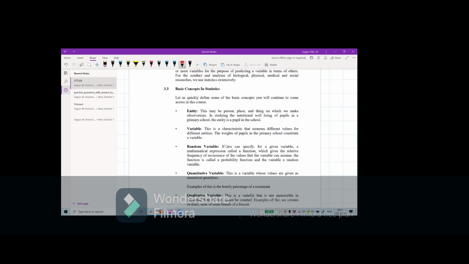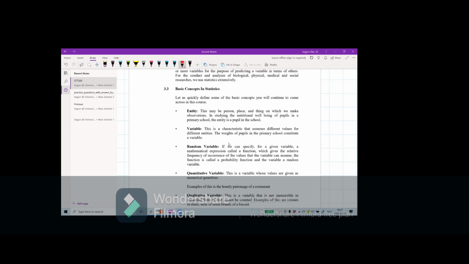For example, in studying the nutritional well-being of pupils in primary school, the entity is a pupil in the school.